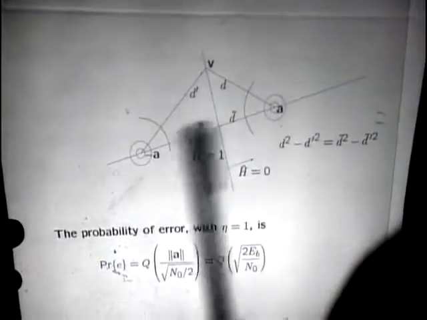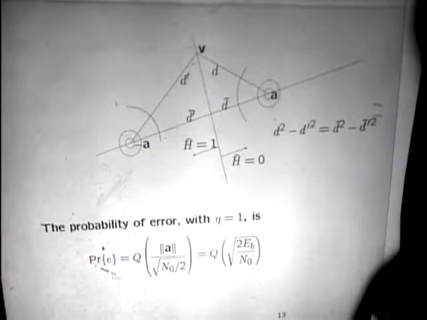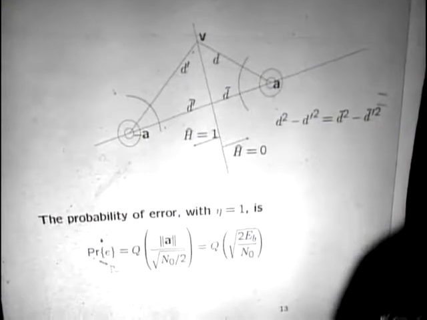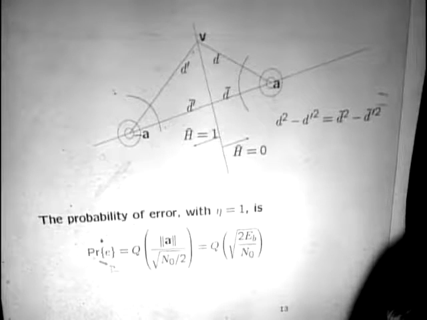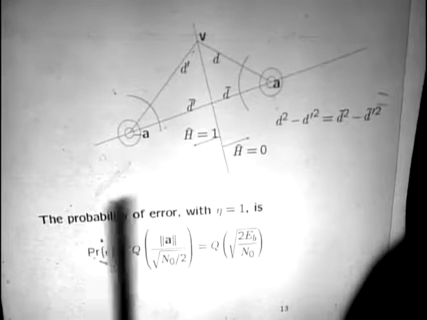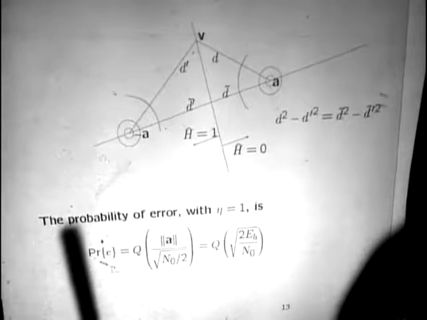And you then say, okay, what is this inner product going to correspond to? Finding the inner product and comparing it with a threshold. Well, you can see geometrically what's going to happen here.